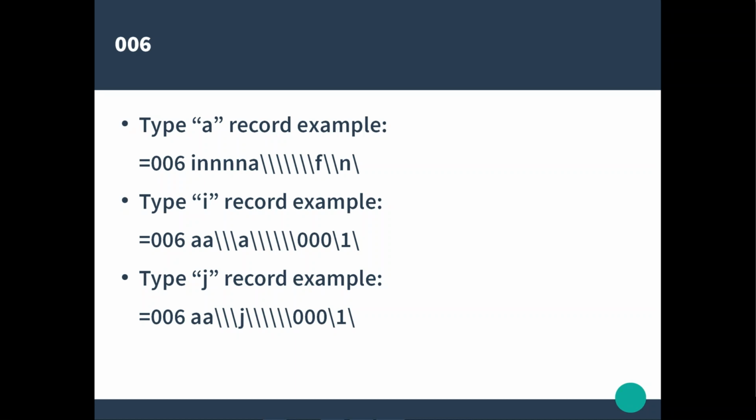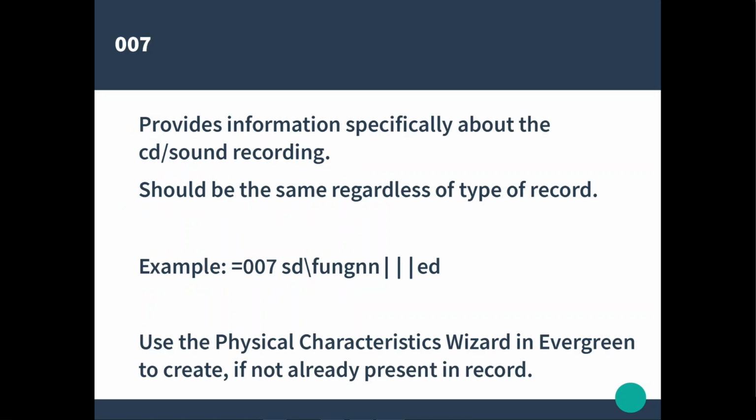For the 007, that's providing information specifically about the CD or the sound recording. And so that should also be the same regardless of the type of record. So whether it's an A record, an I record, or a J record, the 007 should always look the same.